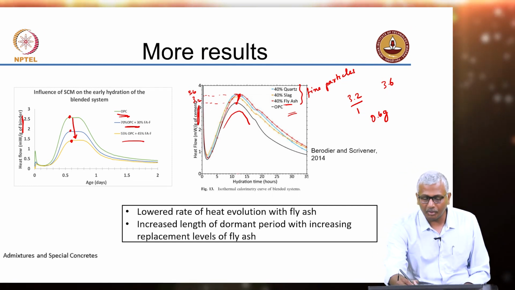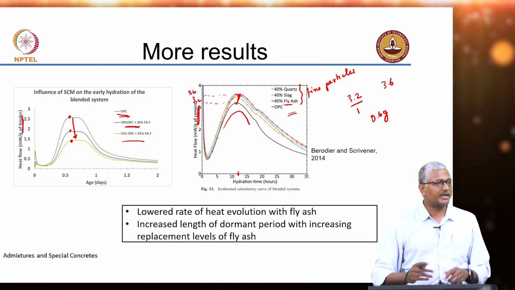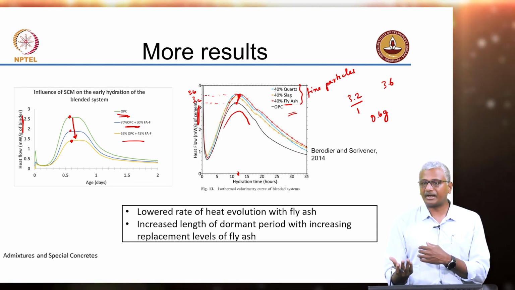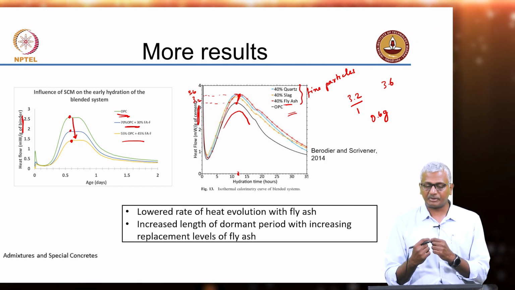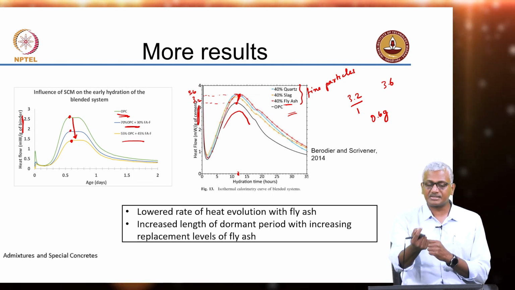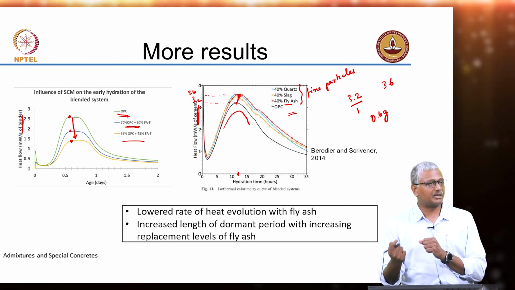So, we are talking only about 12 hours here, 12 to 13 hours. In this time period, fly ash is not contributing any reactivity, only the cement is contributing reactivity. Earlier 1 gram of cement was able to give us only 3.2, but now 1 gram is giving us 3.6 in the presence of these pozzolanic materials.